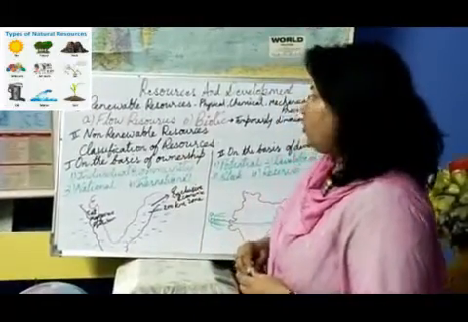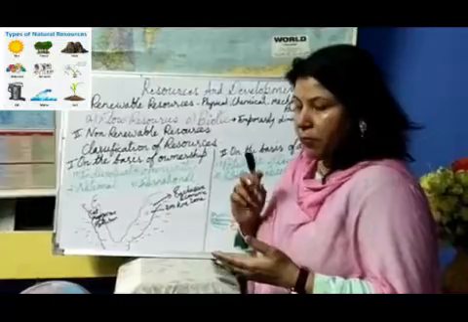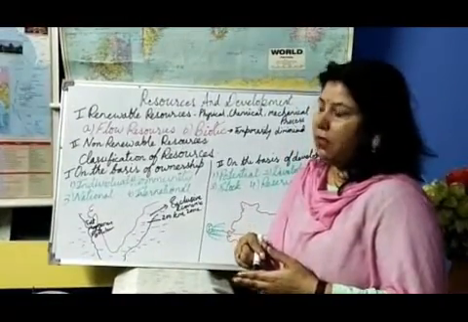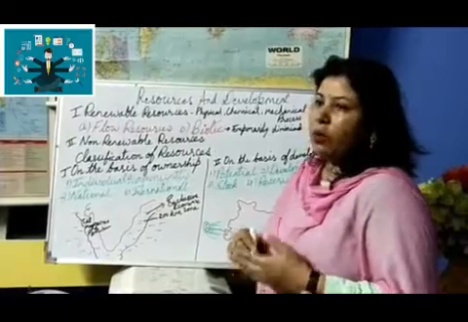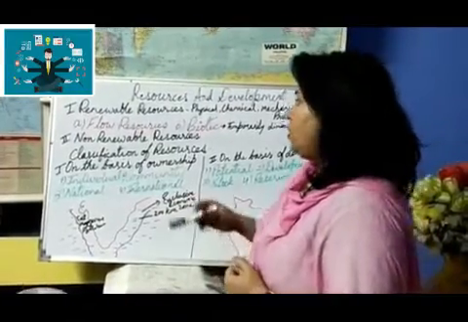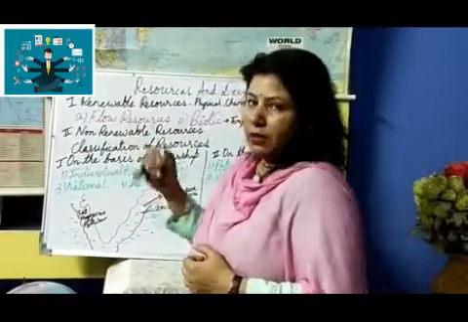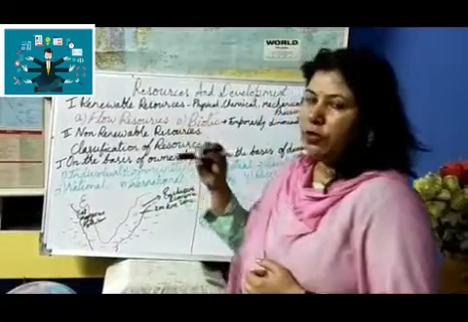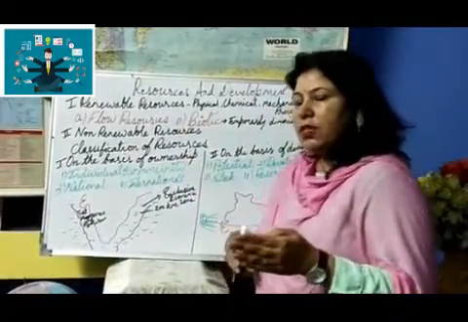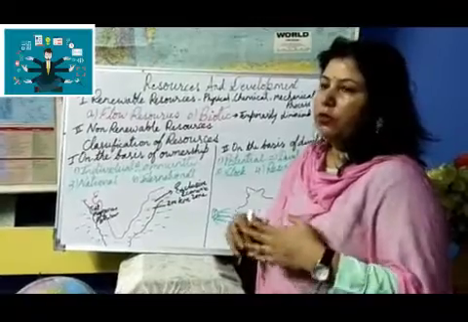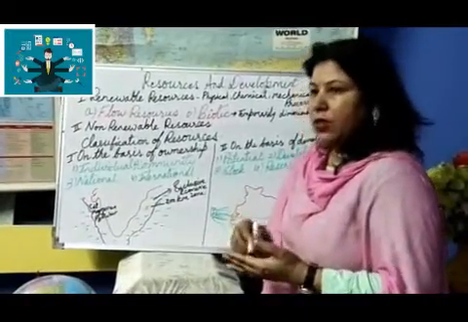Now renewable resources include biotic resources, plants, animals, human beings, even the sunlight or wind energy, all these are renewable resources. Now renewable resource we can divide into two parts again, flow resources and biotic resources. So what is flow resources? Flow resources means which is in flow, which is not going to finish, like solar energy or wind energy.